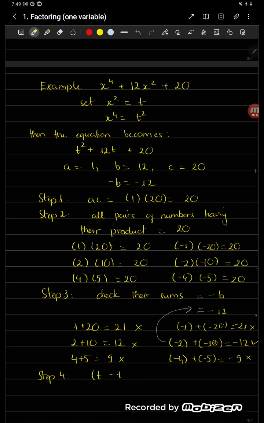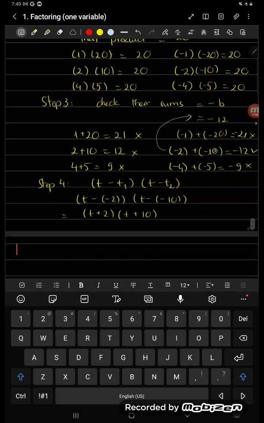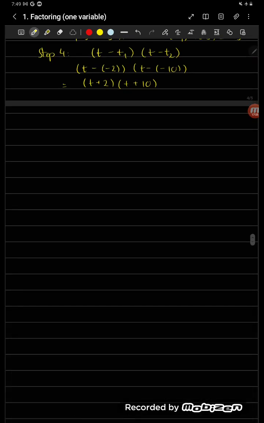We have t subtract t1 times t subtract t2. And here we have negative 2 and negative 10. So it means t subtract negative 2 times t subtract negative 10. Okay, and it becomes t plus 2 times t plus 10. Okay, so that's your answer.